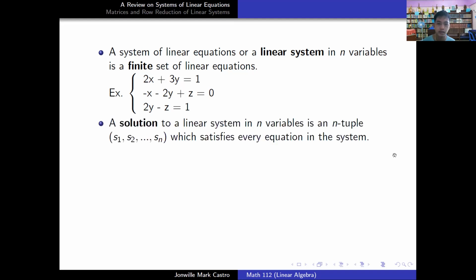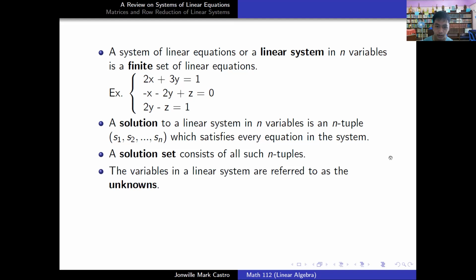A solution to a linear system in n variables is an n-tuple which satisfies every equation in the system. A solution set consists of all such n-tuples. Yung solution set, ito na yung collection ng mga solutions natin.